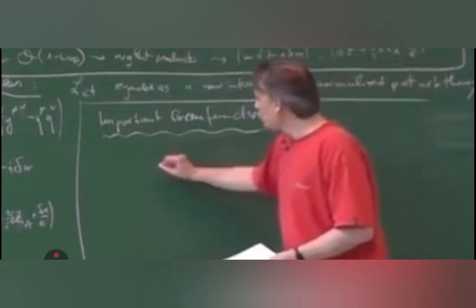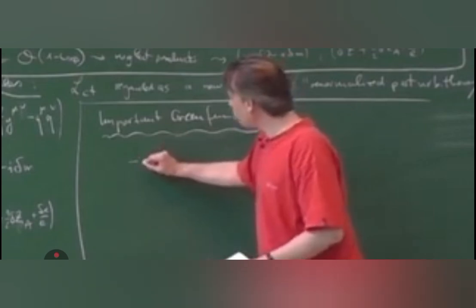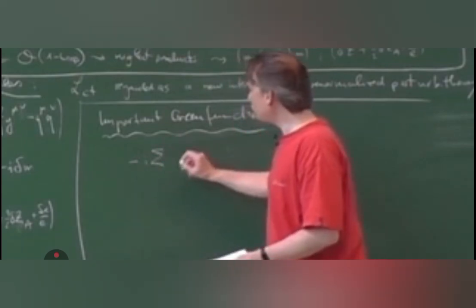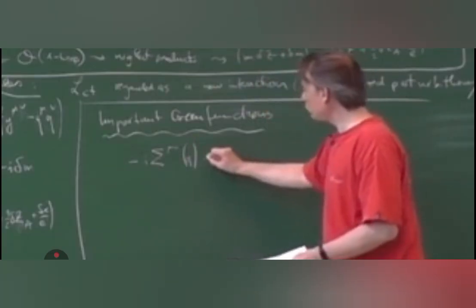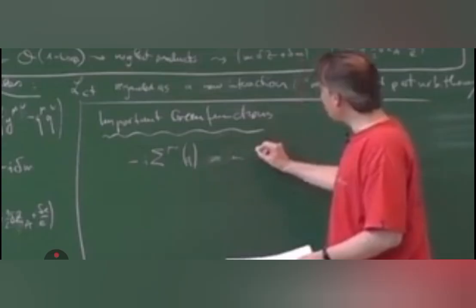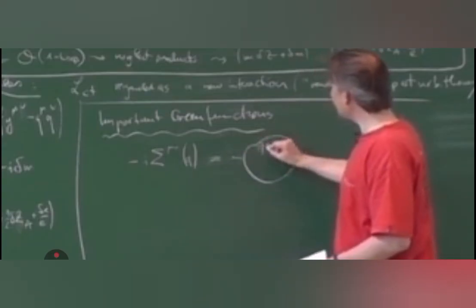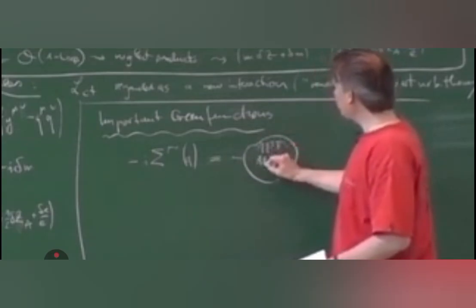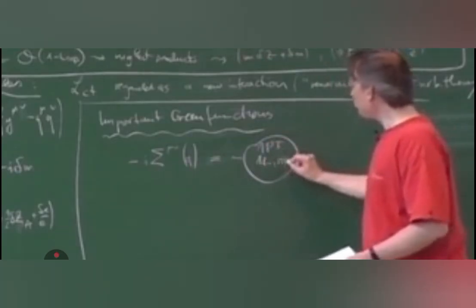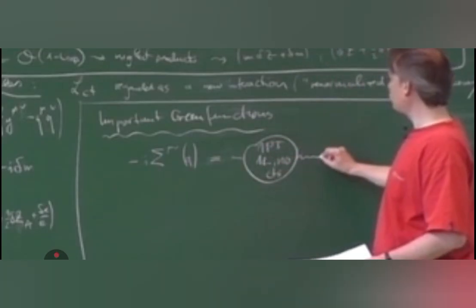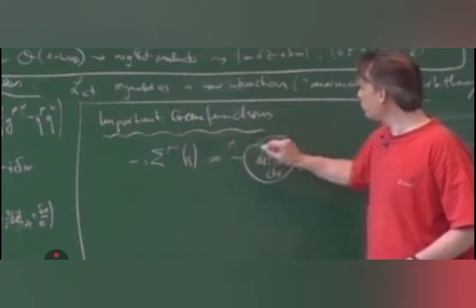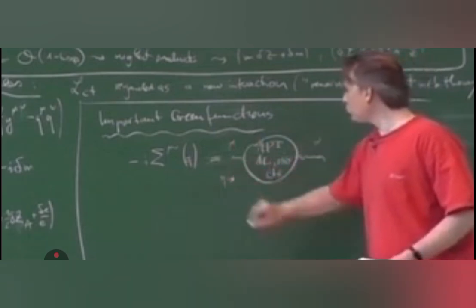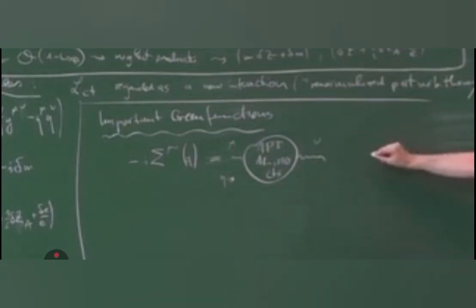So, for example, there is the photon self-energy, which is called minus i sigma mu nu of Q, which is defined as the following one particle irreducible Green function. So this is one particle irreducible at the one loop level without counter terms. So that is minus i sigma, the photon self-energy with Lorentz indices mu nu and momentum Q.